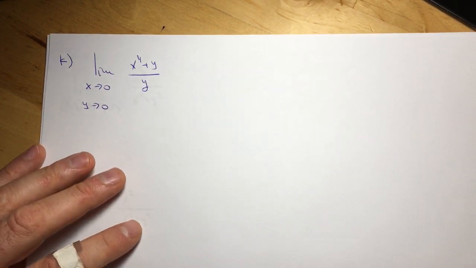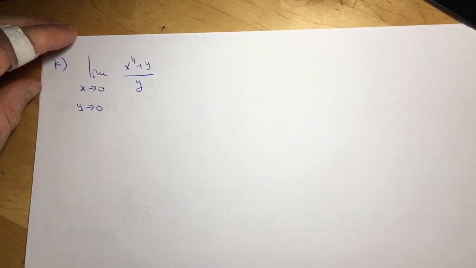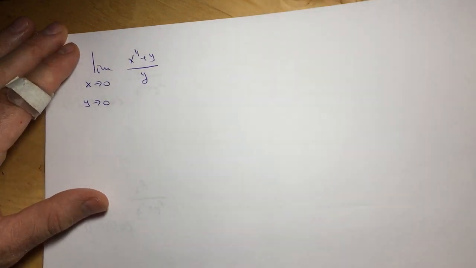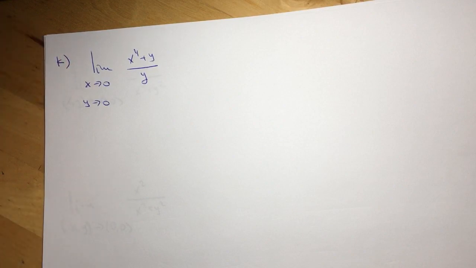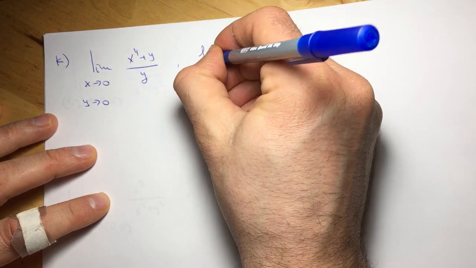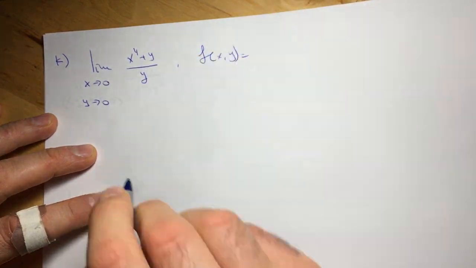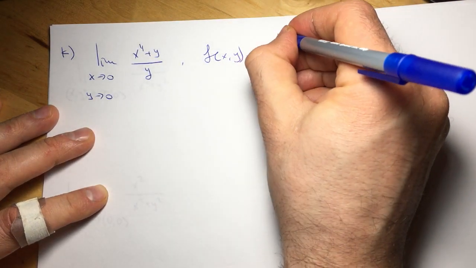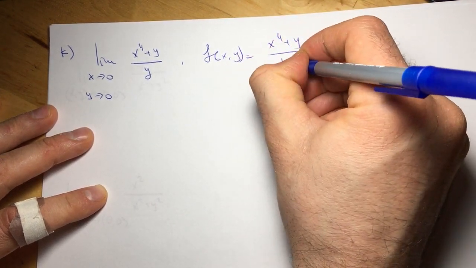Okay, let's see this one. The limit of x to the power of 4 plus y over y. You can do the same thing. f of x, y, the function that we're talking about, is x to the power of 4 plus y over y.